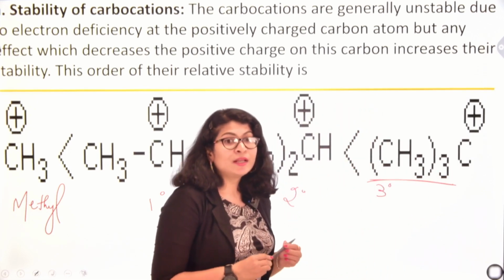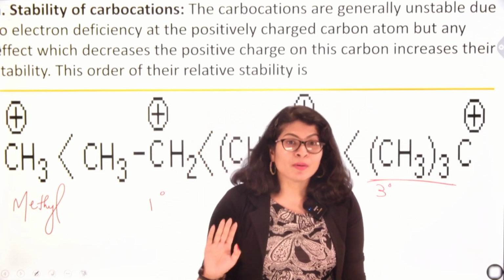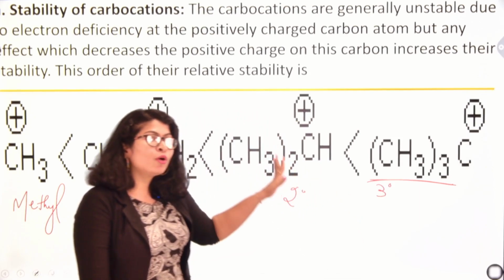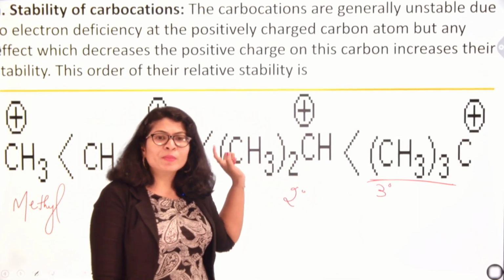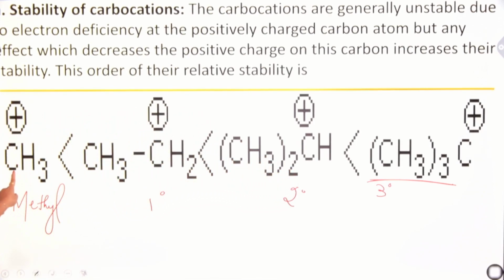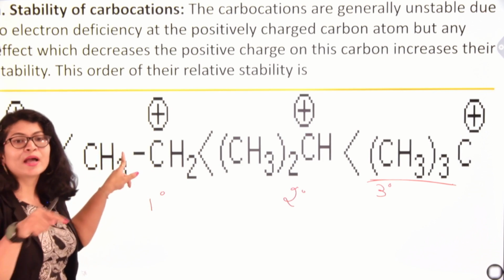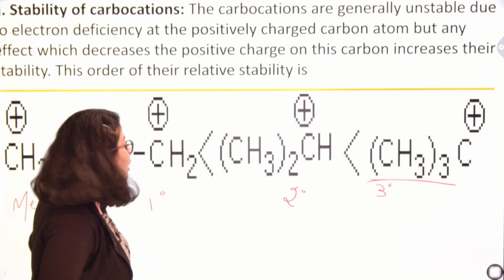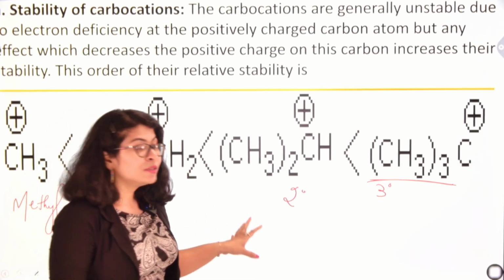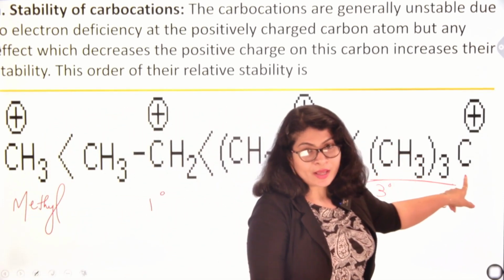As a result, the electron donating effect is maximum. And this effect gradually decreases when we move on to 2 degree followed by 1 degree. And in case of methyl, there is least effect observed because there are no other alkyl groups associated. Therefore, inductive effect is one factor which can account for the stability of this 3 degree carbocation, right?